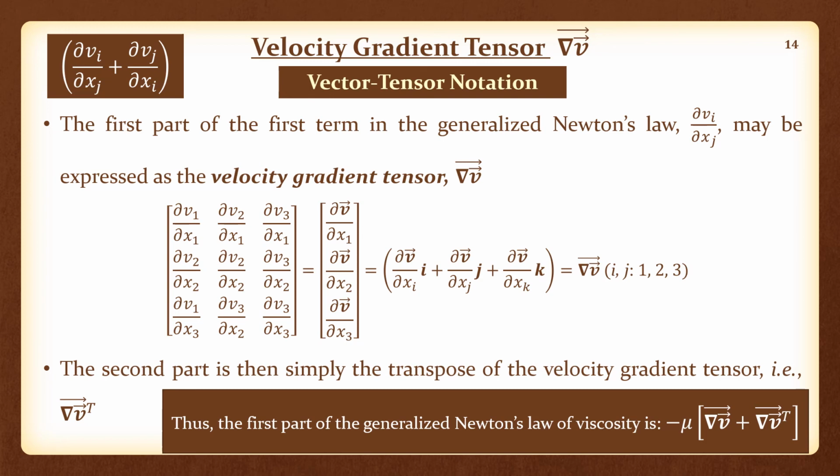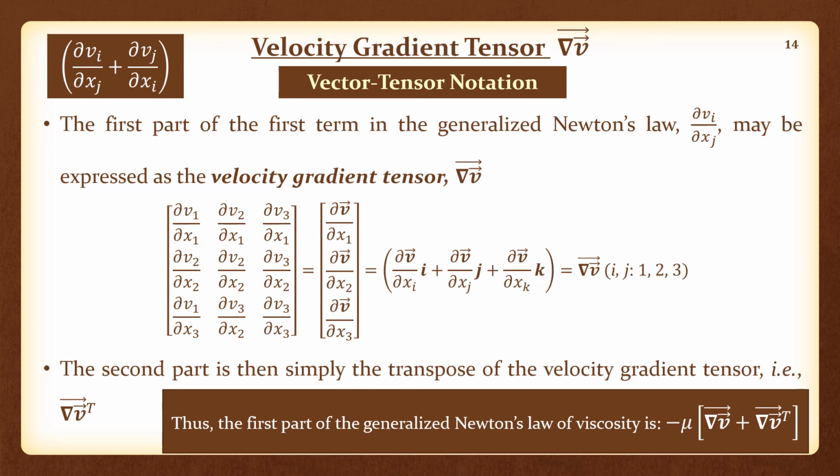So this can be thought of as a 3 by 1 matrix, in which each of those quantities is a vector. That is basically dou v by dou xi i, dou v by dou xj j, and dou v by dou xk k, right? So this is your gradient.